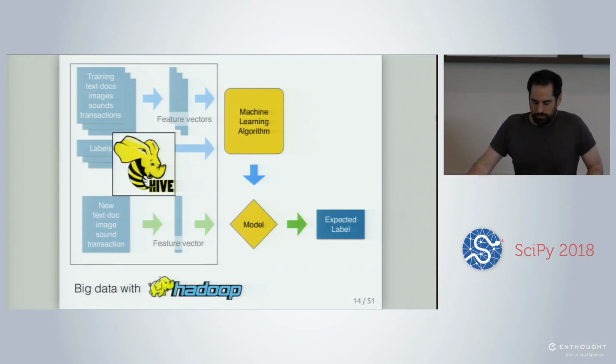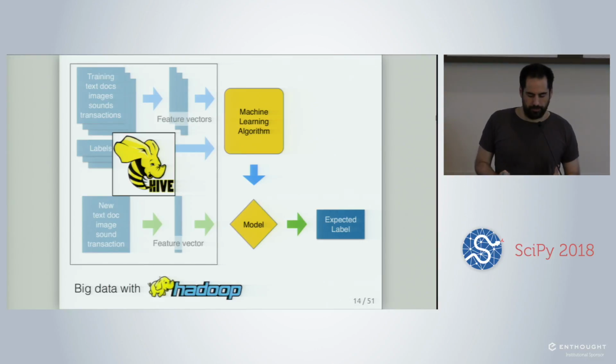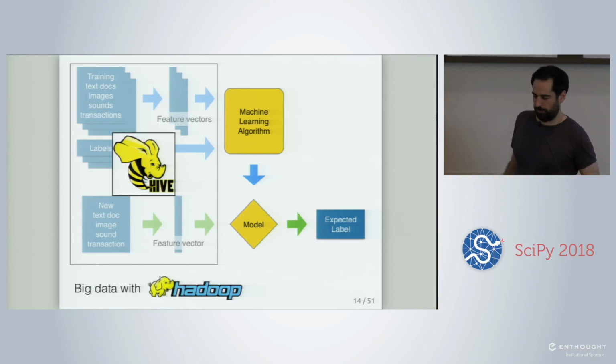The result of applying the machine learning to the feature vectors and the labels is an executable model, which is a program that you can save on the hard drive and move to another machine, or maybe deploy on a mobile phone. And then you can forget about the rest and only focus on the model.